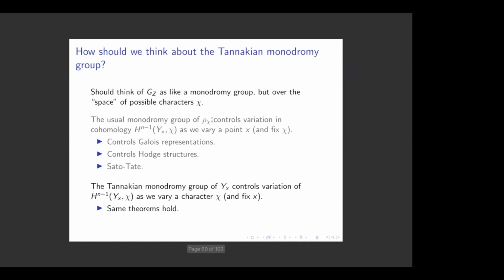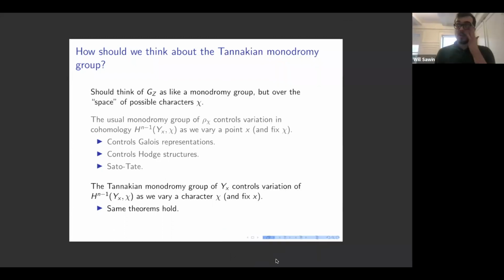Is there some setting where this first sentence, this is a very interesting first sentence, you can give a rigorous meaning that GZ is a monodromy group of the space of characters? No. If we're working over the complex numbers, then we could say the space of characters is a very well-defined space. It's like an algebraic torus. But I don't know how to make this Tannakian group literally a monodromy group over that space of characters.